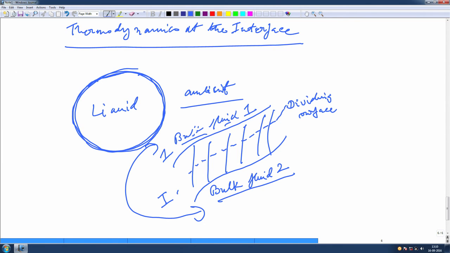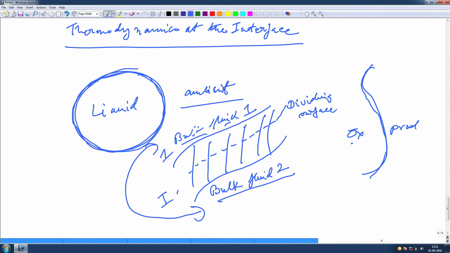For example, this can be a flame, a candle flame or any other flame. One side is oxidizer, one side is product, and there is an interface which separates the two. Though these are two different components, there may be two different phases also present. So, all these are interfacial phenomena, and we need to know how this interface actually behaves.